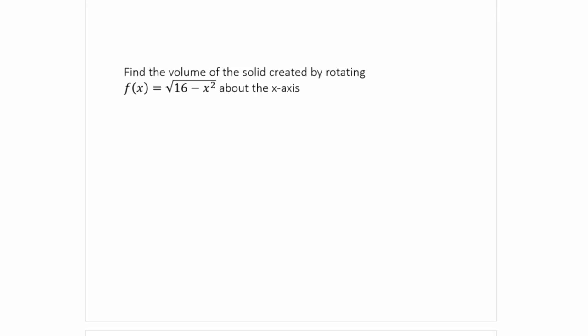All right, so here's another example. Find the volume of the solid created by rotating the function square root of 16 minus x squared about the x-axis. Again, I want to draw this. The square root of 16 minus x squared, hopefully you've seen something like this. This is the upper semicircle with radius 4.